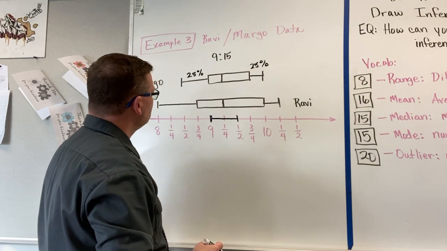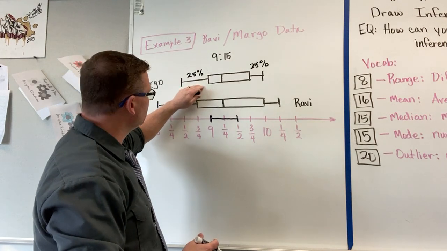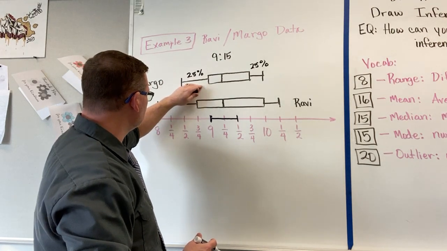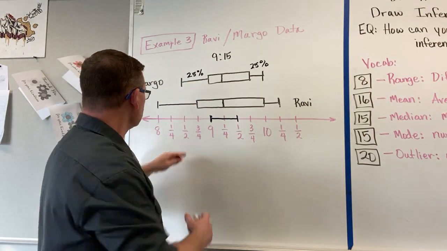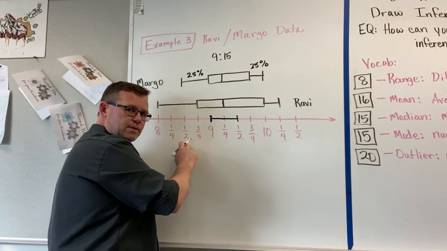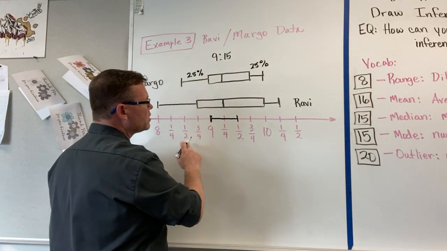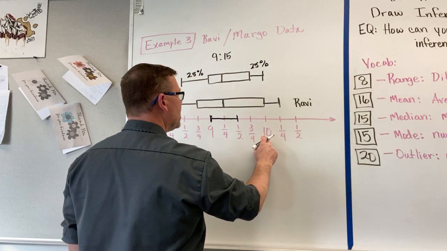And then what you have to understand is each one of these whiskers is 25% of the people that were polled. So this is the bottom 25%. So right here with Margot's, it went from 8.5 hours was the shortest amount of time that somebody got sleep. The longest amount of time that they polled that they got sleep was 10 hours.